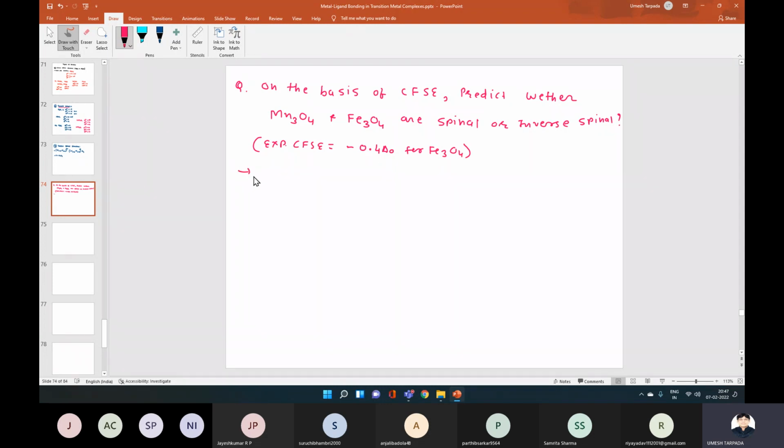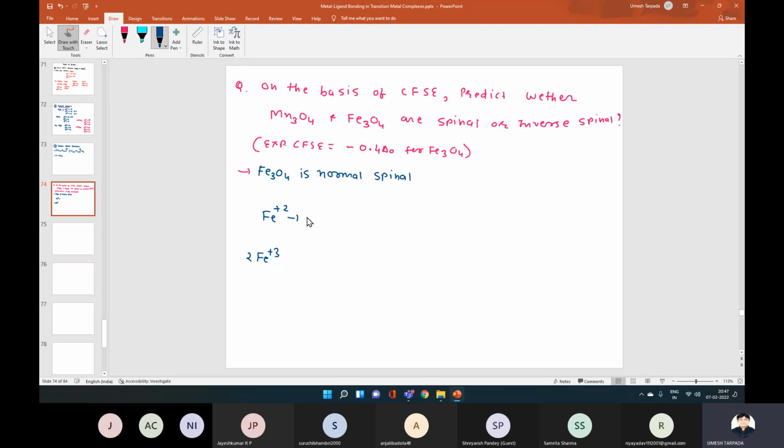Now suppose we assume that the structure of Fe3O4 is normal spinel. What happens? One Fe+2 is there in which void? If it is normal spinel, then what is the arrangement?